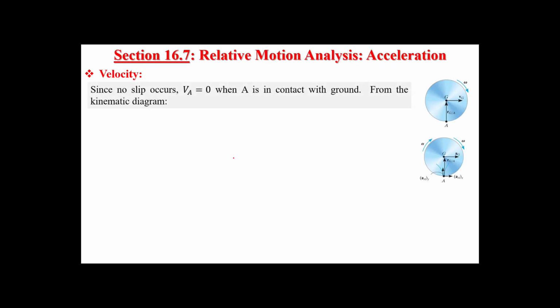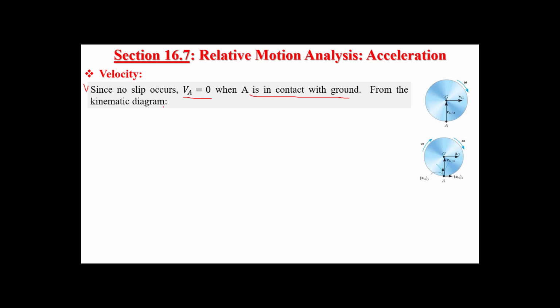So let's start with the velocity for a rolling body, and we did this already, but as a reminder, since no slip occurs, VA, the instantaneous center of zero velocity, is 0 when A is in contact with the ground.